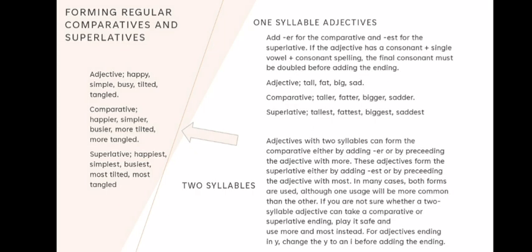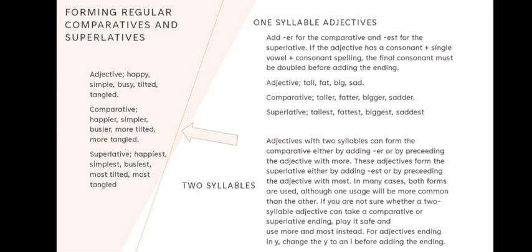Adjectives with two syllables can form the comparative either by adding er or by preceding the adjective with more. These adjectives form the superlative either by adding est or by preceding the adjective with most. In many cases, both forms are used, although one usage will be more common than the other.